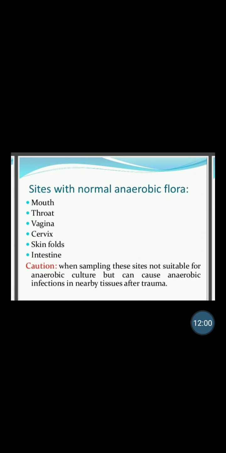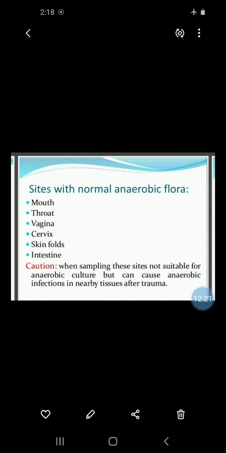Then we'll see the sites with normal anaerobic flora. First, throat, mouth, vagina, cervix, skin folds and intestine. And what is the caution when sampling? Sites not suitable for anaerobic culture can still cause anaerobic infection in nearby tissues after trauma.